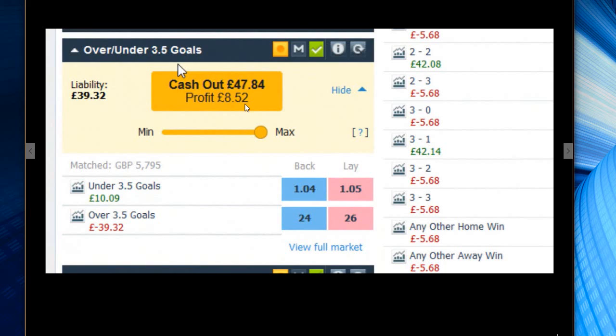So the aim of the advanced method is to say, well, let's actually cut down the number of correct scores that we're going to cover, and we are just going to cover the correct scores that are covered just by betting on under 3.5 goals. Okay, so we do not place the bets on the correct score markets.